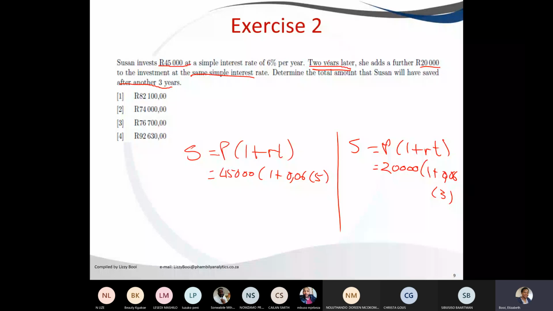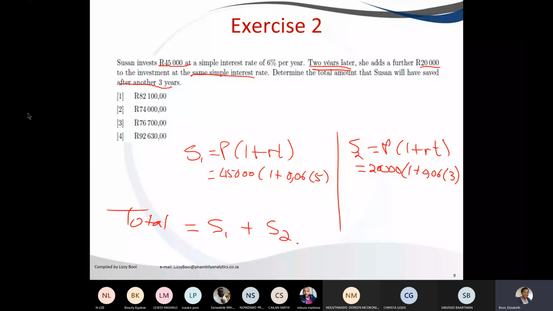When you are done, your total will be S1 plus S2, which will give you the total that she will have to pay back. Because from 2 years to 5 years is 3 years.